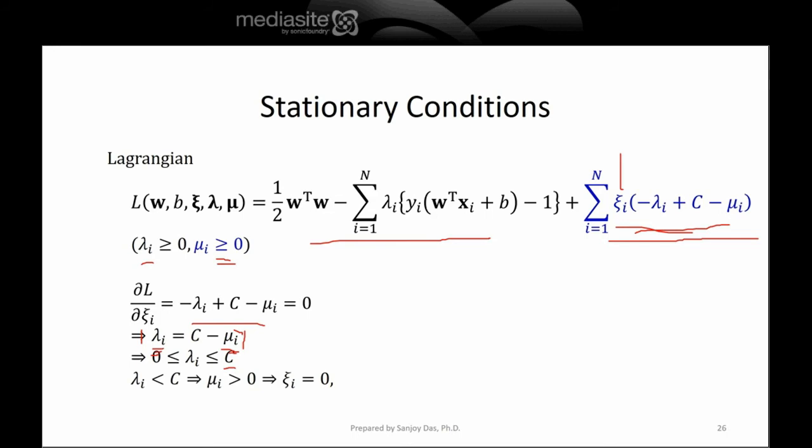So this is what it means. When lambda i is less than C, since lambda i equals C minus mu i, we automatically infer that mu i is greater than 0. Which means, since this mu i is the Lagrange multiplier corresponding to zeta i greater than or equal to 0, when mu i is greater than 0, due to complementary slackness, zeta i equals 0.